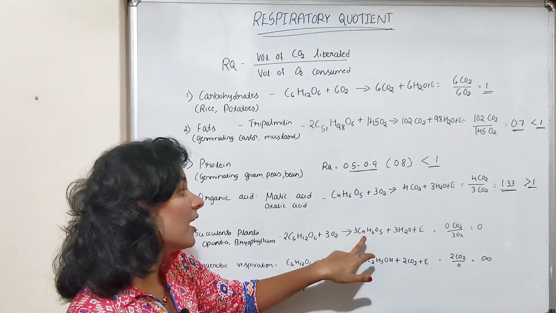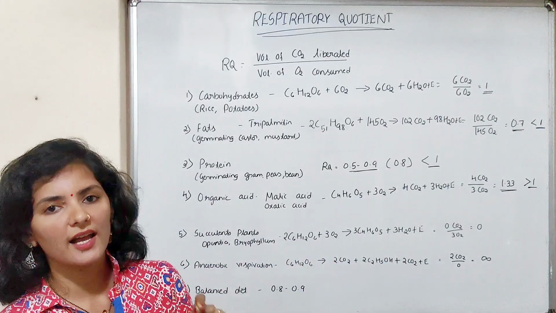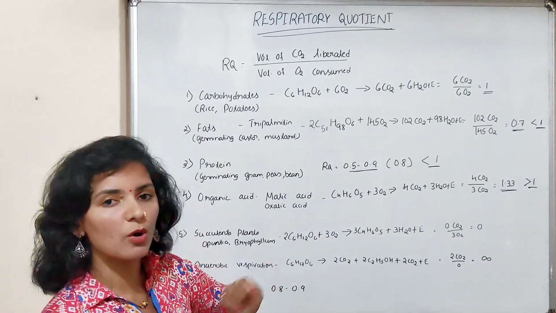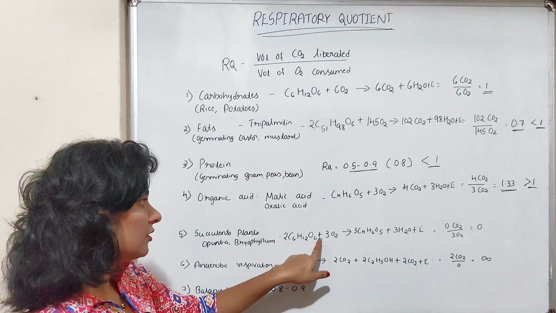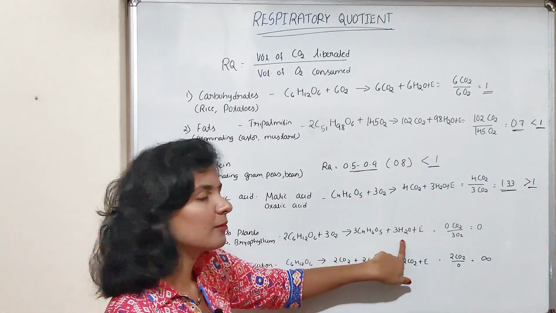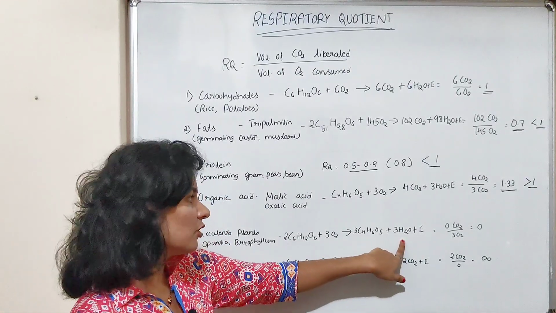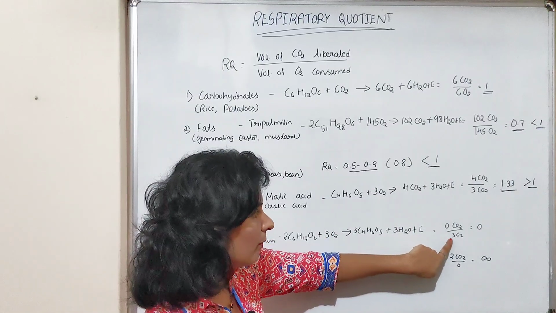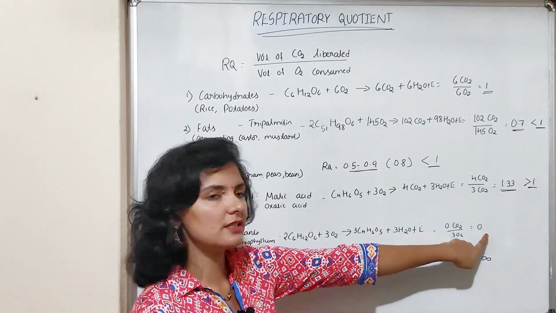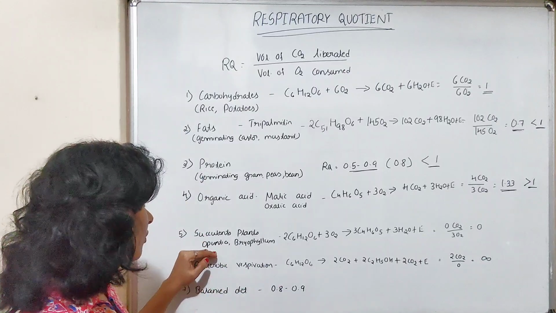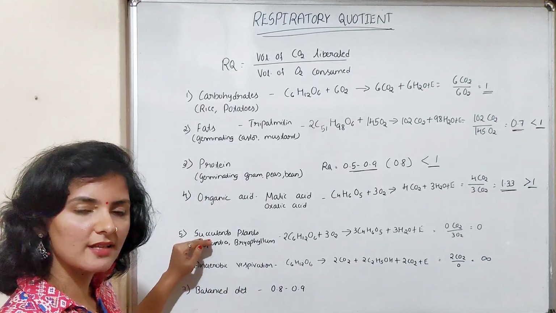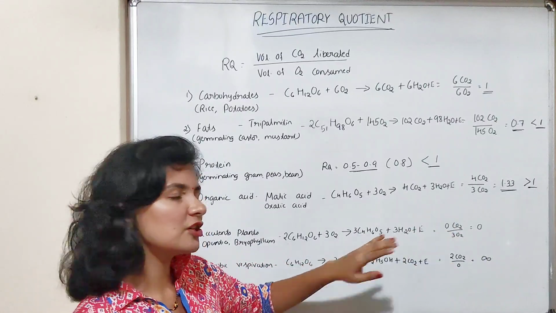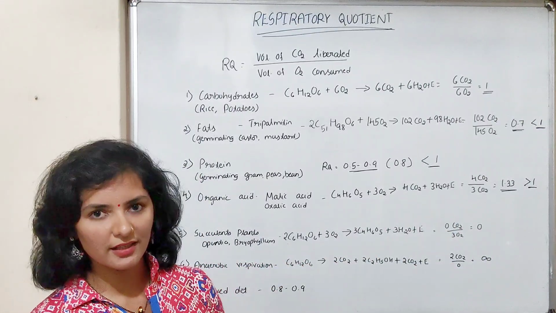Carbon dioxide is stored in the form of organic acid in these plants. Here the carbon dioxide is stored in the form of malic acid. So 3 oxygen is consumed and no carbon dioxide is liberated. The ratio of carbon dioxide to oxygen will be 0 by 3, and 0 by anything is 0. So the RQ value for this special type of plant, that is succulent plants, will always be 0 because there is no liberation of carbon dioxide during the reaction.